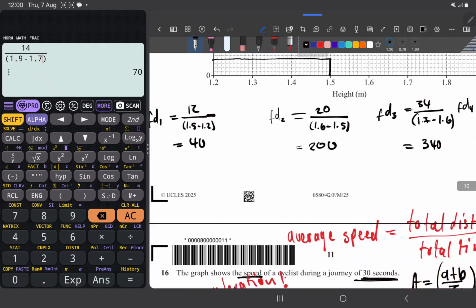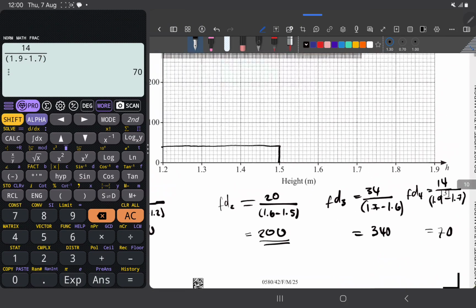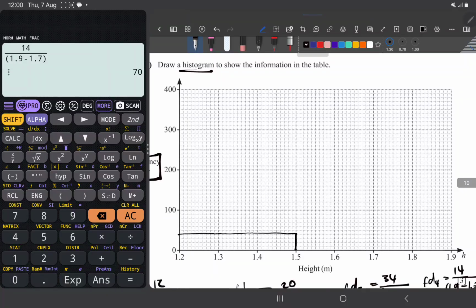What is the frequency density for that? 200 for the second class. So it goes all the way up to 200 from 1.5 to 1.6.